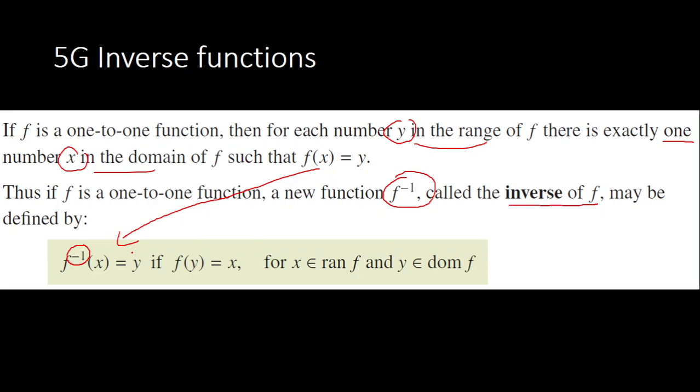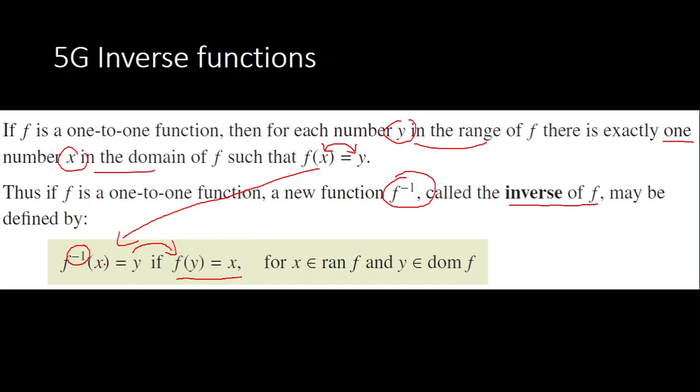And to get to the next one, and that's the critical part, when you have a function f of x equals y, if you swap around the variables, you get that new expression. That's the definition of the inverse function, which is equivalent to how it was first defined.